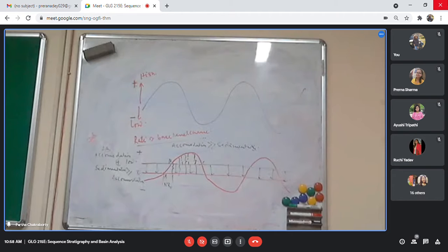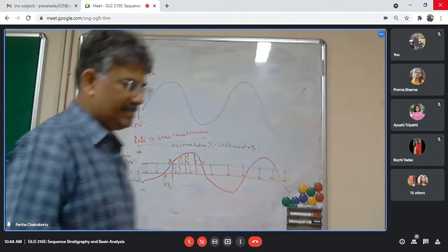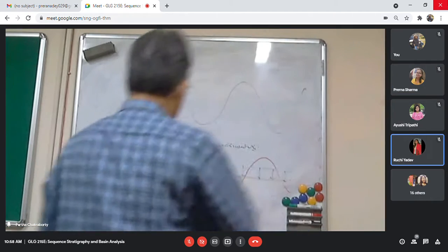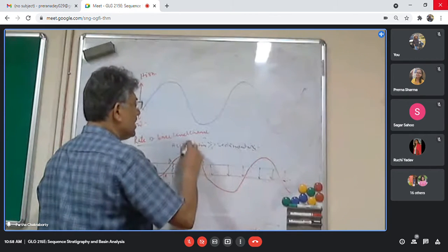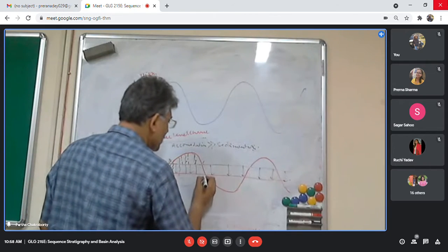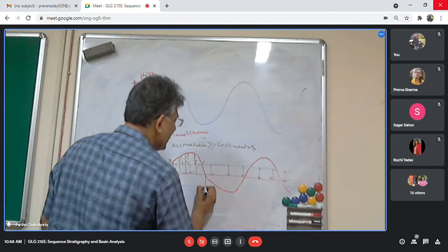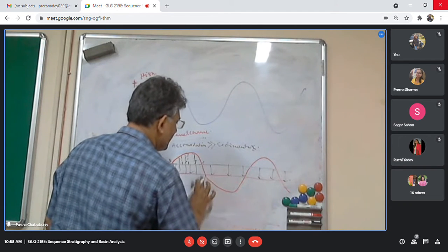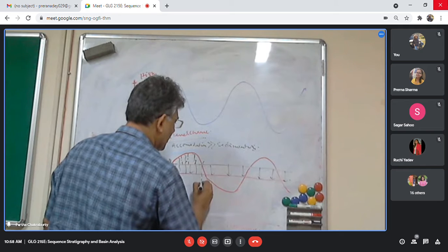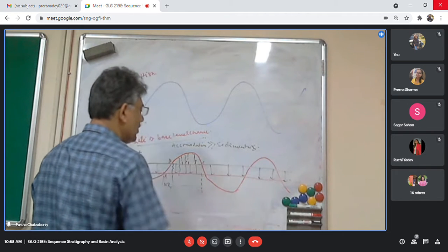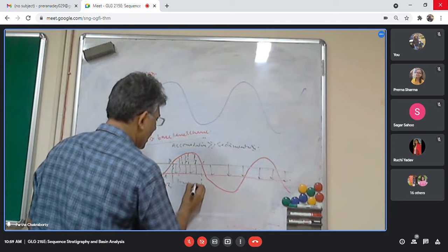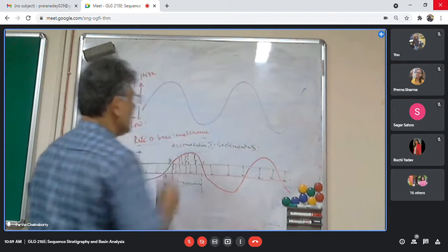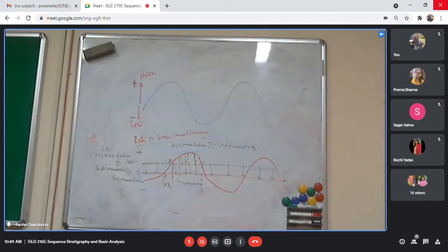Isn't it? Yes, sir. So from B to C, the accommodation is more than sedimentation. This is what we refer to as transgression: when the accommodation is more than sedimentation.